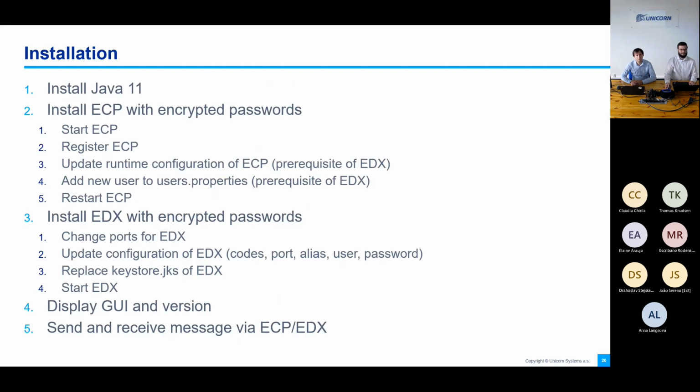Then we can check the following steps, which will be to update the runtime configuration, especially enabling AMQP to provide a communication channel between EDX and ECP, and also add a new user to the users.properties file. Again, it's part of the prerequisites of the EDX toolbox installation. I can maybe add the user right now.